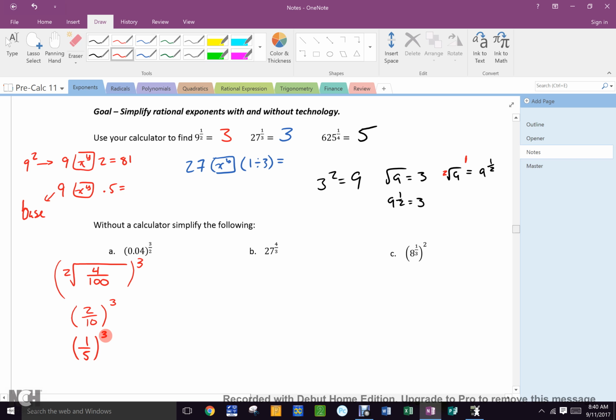And what do we know about exponents outside of brackets when there's a fraction involved? Where does that exponent go? Top and bottom.